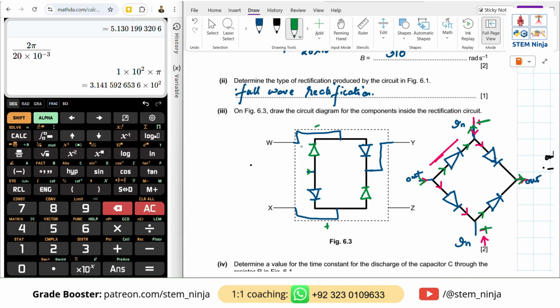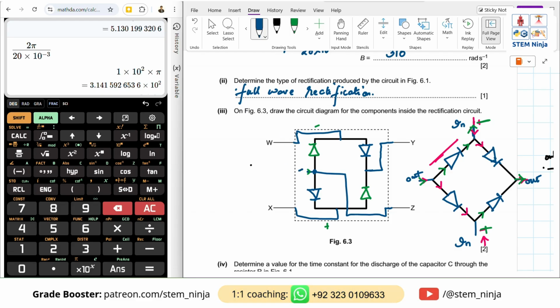Now all we need to do is to connect Z over here. So Z can be connected. Since we already have X over here, I don't want to cram more space over there. So for example, Z can be like this.